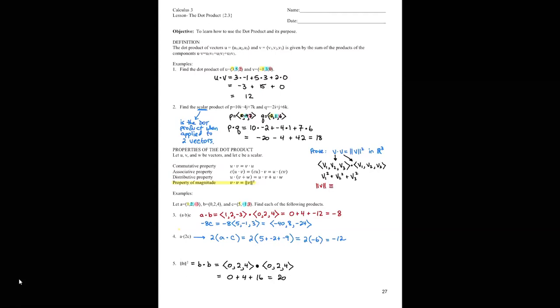Triple equal sign means equal by definition, which means that I'm pulling a definition from my memory banks, indicating that this step here is not a consequence of the previous step. It's something new that I'm adding. It's another given piece of information that I'm throwing in. That's equal to V1 squared plus V2 squared plus V3 squared.